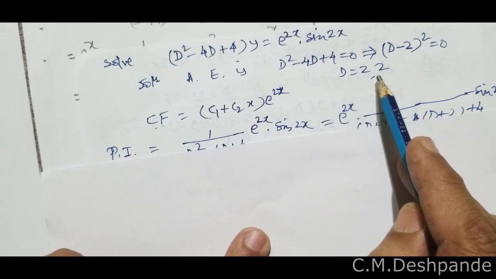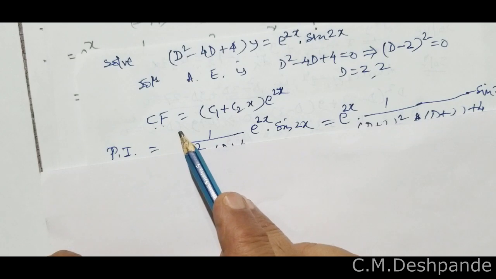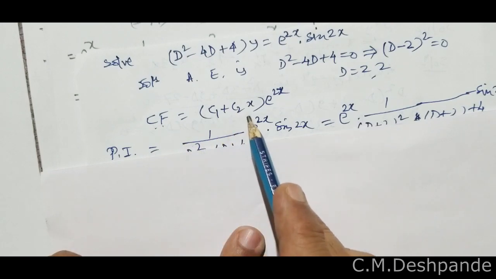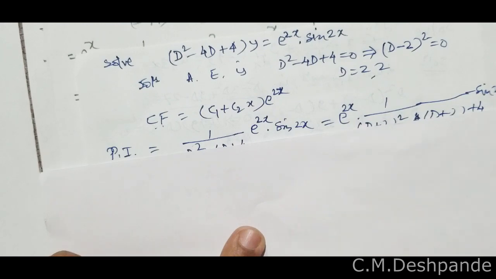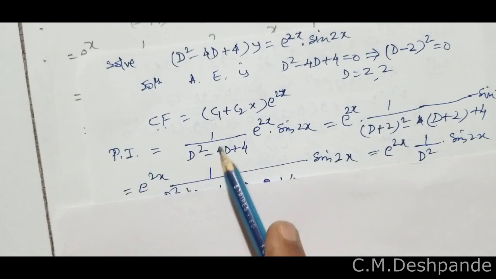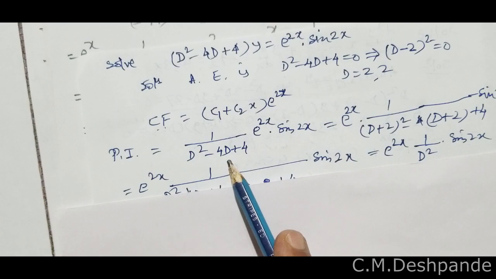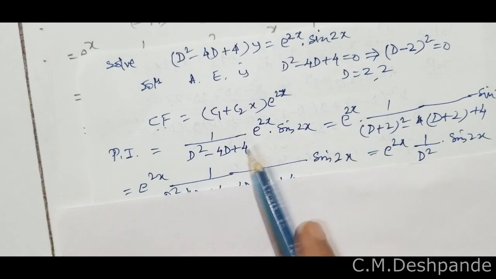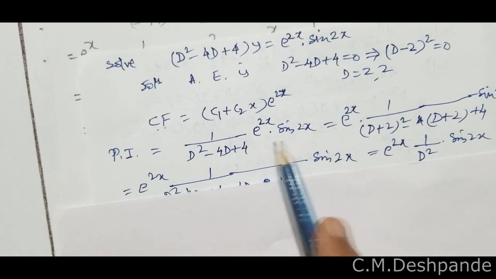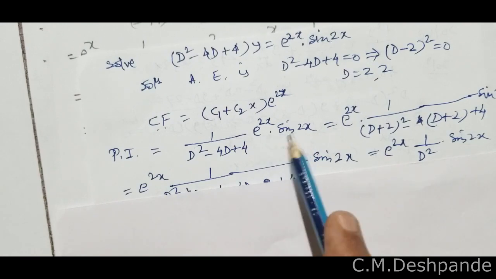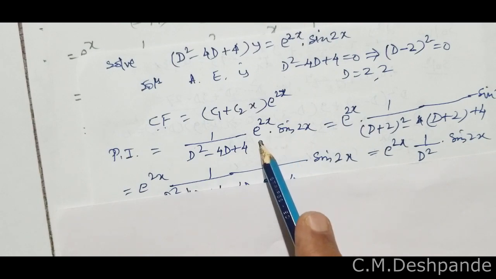So using case number 2, CF is given by C1 plus C2x into e raised to 2x. Now PI is given by PI equal to 1 upon D square minus 4D plus 4 operating on e raised to 2x into sine of 2x. Now observe this function of x. It is a multiplication of two functions and one function is exponential.